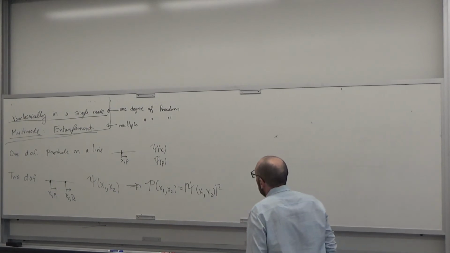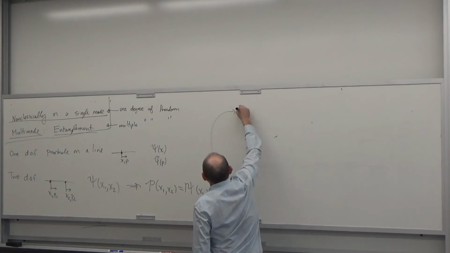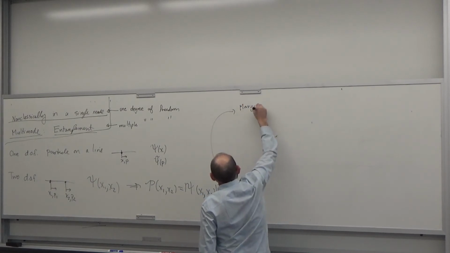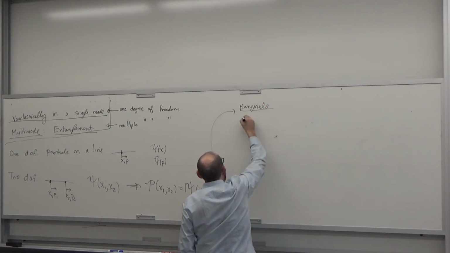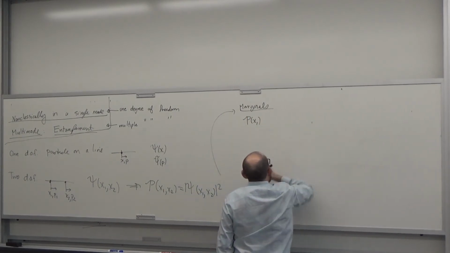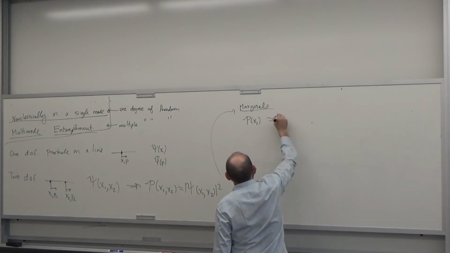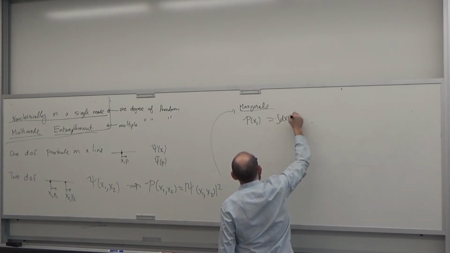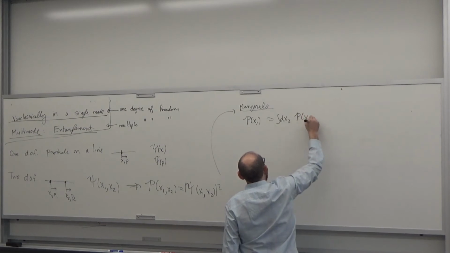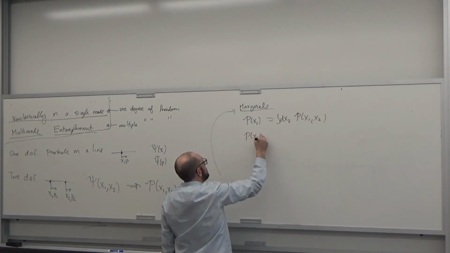And I can think about marginals. So if I wanted to know what is the probability distribution to find particle 1 at position x1, irrespective of where particle 2 is, I marginalize the distribution, or vice versa.